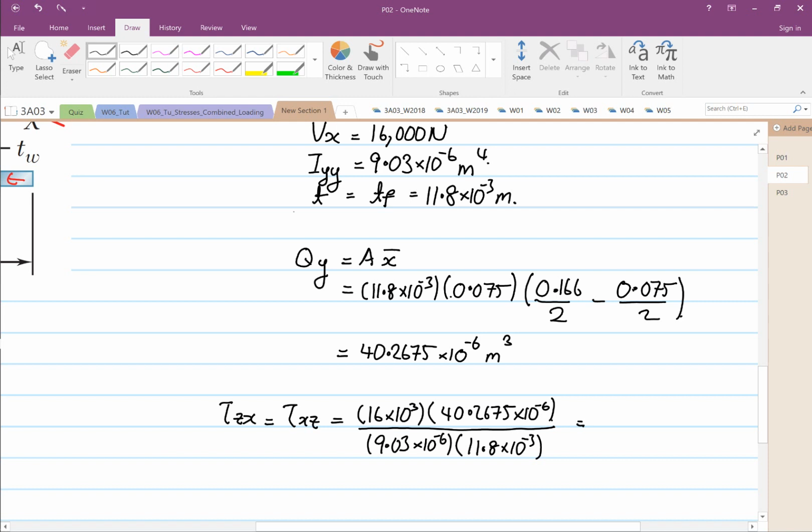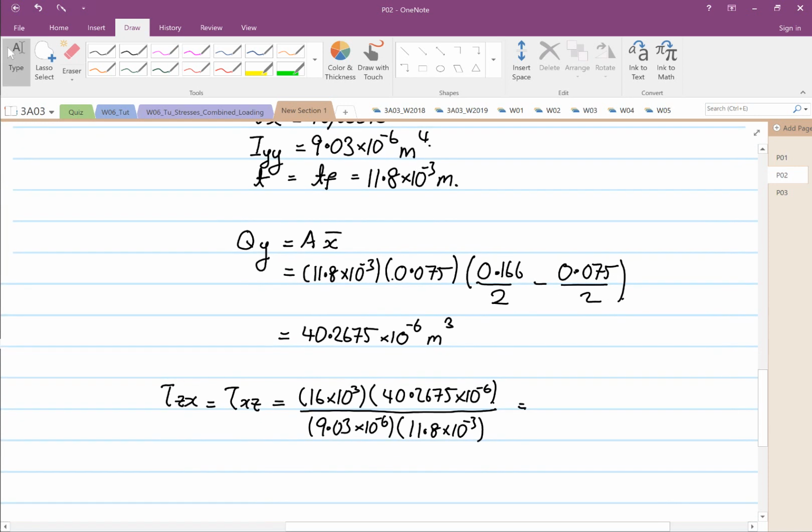So shear stress will be equal to 6.0465 times 10 to the power 6 Pascal.